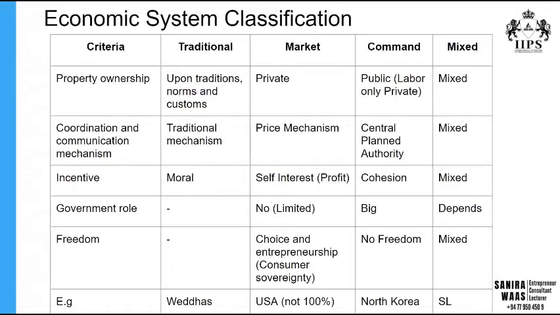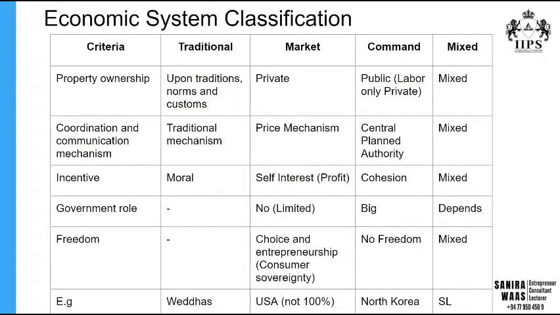I mentioned the main three reasons behind the variety causing this classification of economic systems are the property ownership, the method of solving the economic problem, or as one can call it the coordination and communication mechanism, then the incentive behind the crucial decisions. Other than that, I have taken government role and freedom as criteria to differentiate these economic systems from one to another.